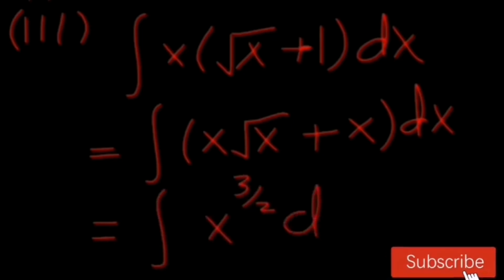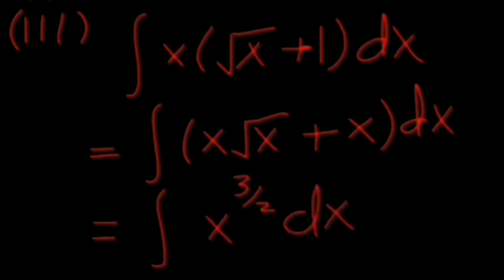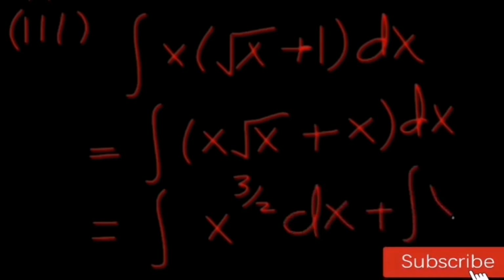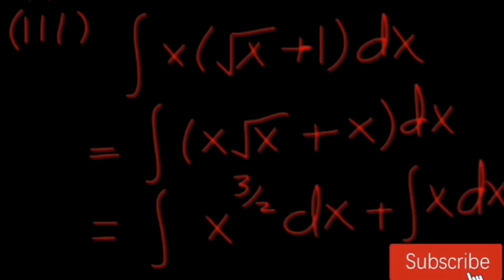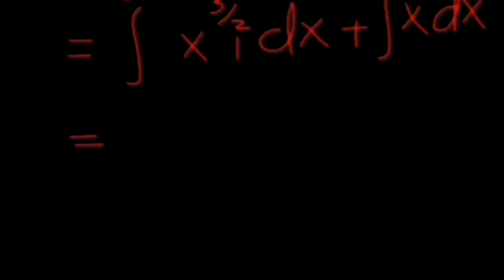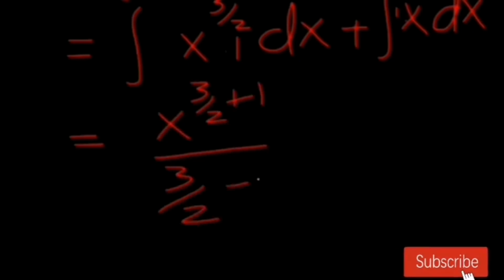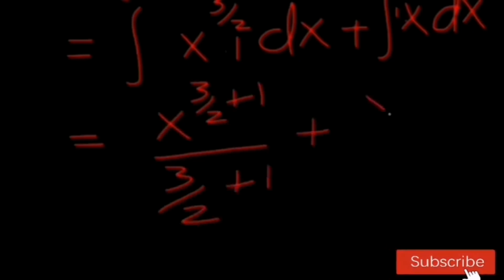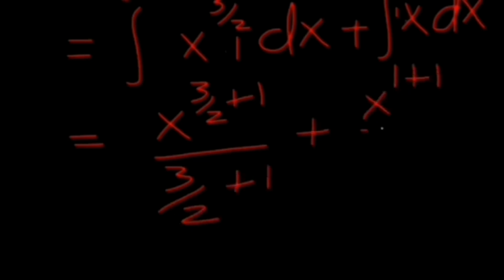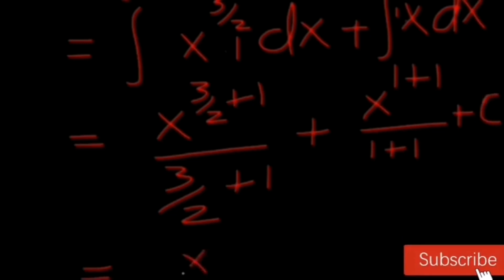Then again the same thing: 1 is the derivative of x which is with it, so we can consider it in product with both of these. So their integration is that the power is increased by 1 and we divide by that value. We add 1 to the power and divide by that value. Here also 1 plus 1 divided by 1 plus 1. Also we add the constant of integration c with it.